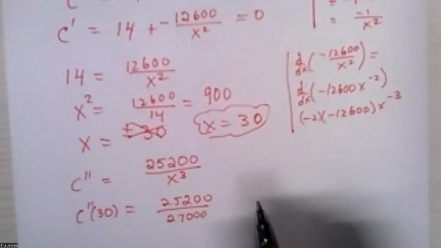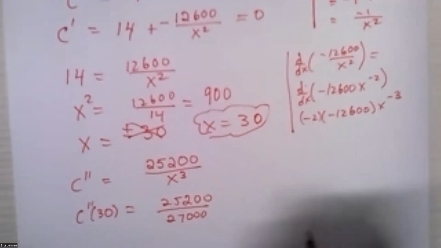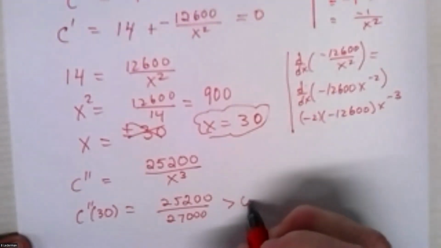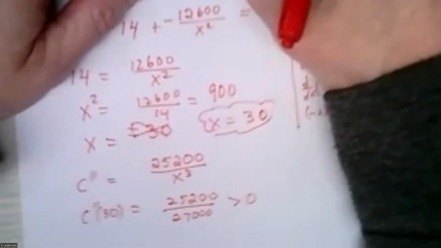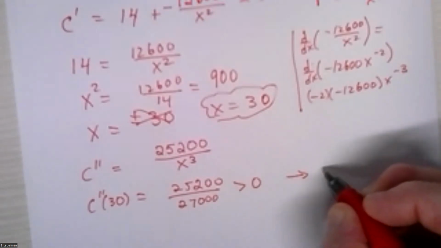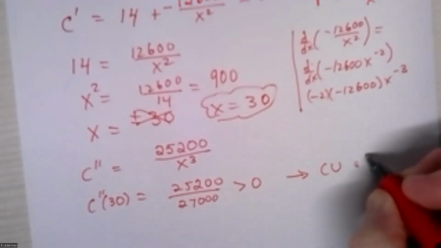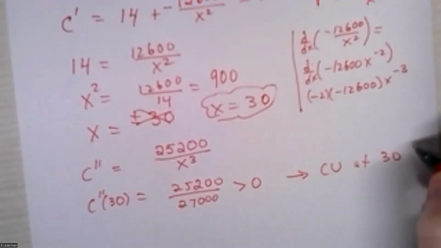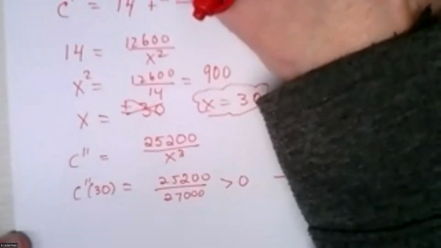All I care about is whether it's positive or negative, and this is clearly positive. It's a positive number divided by another positive number, so it's greater than 0, and that means the function is concave up at 30, and concave up means I do indeed have a minimum. So we are good to go.